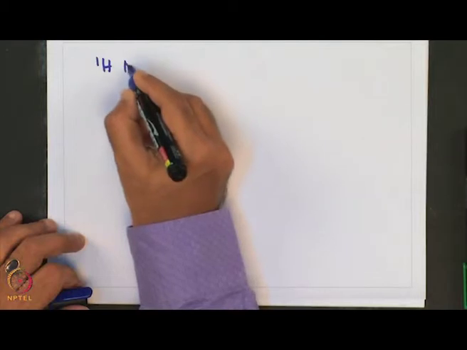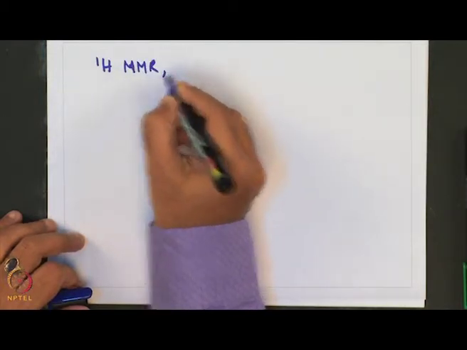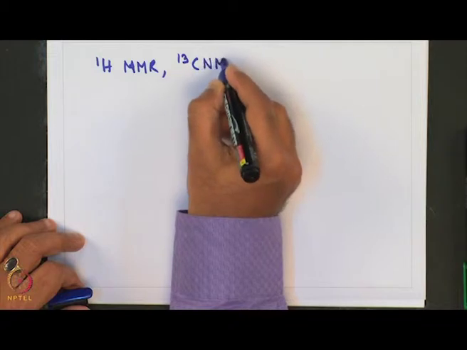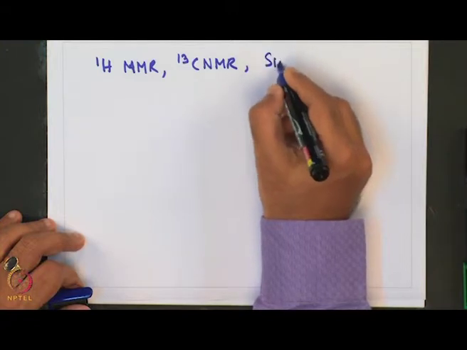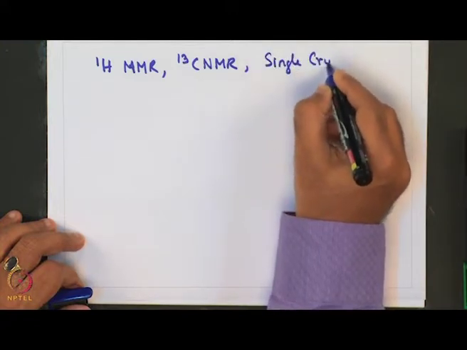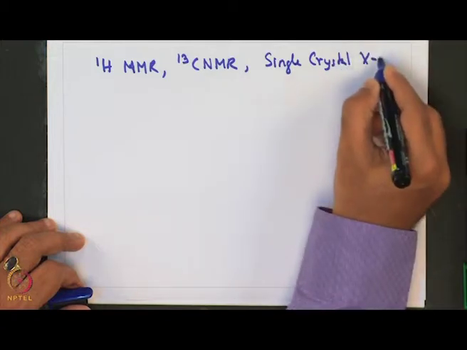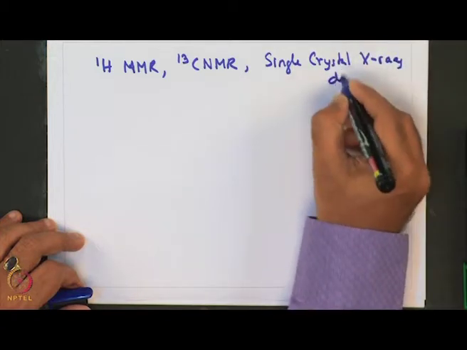Now, as far as the characterization of these carbyne complexes is concerned, it is mainly done by various spectroscopic techniques, as we had seen in case of the carbenes, like NMR, proton and carbon NMR, and so on and so forth, as well as by single crystal X-ray diffraction studies.